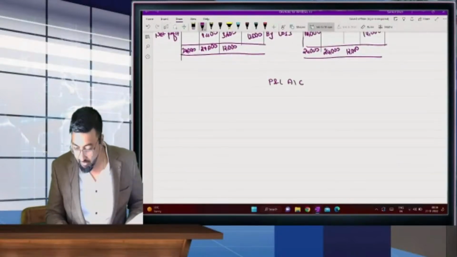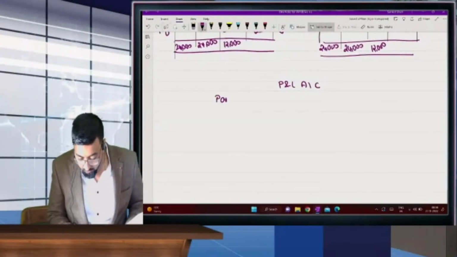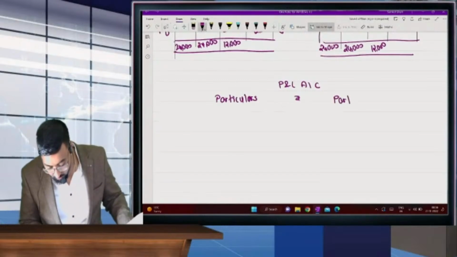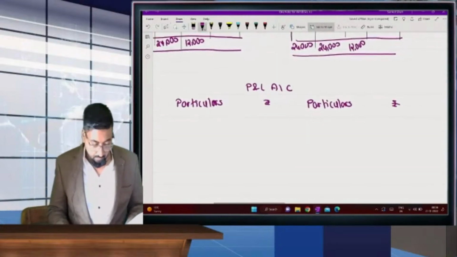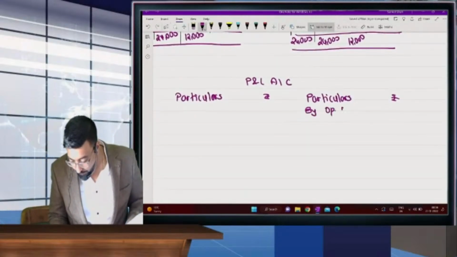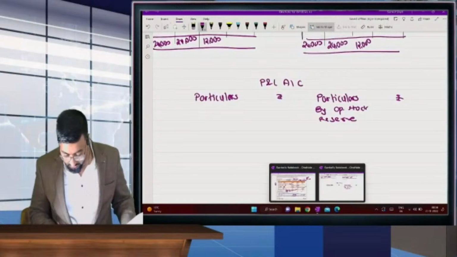Write down particulars, rupees, particulars, rupees. On the first line, by opening stock reserve.